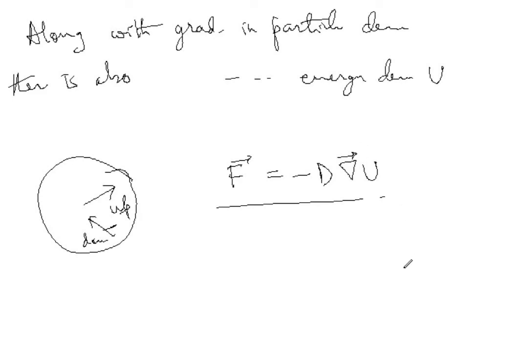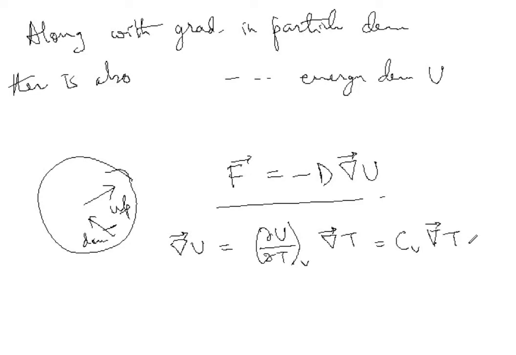Now, since a gradient in energy density is associated with a temperature gradient, we have basically (∂U/∂T)_V ∇T, which is equal to C_V ∇T.